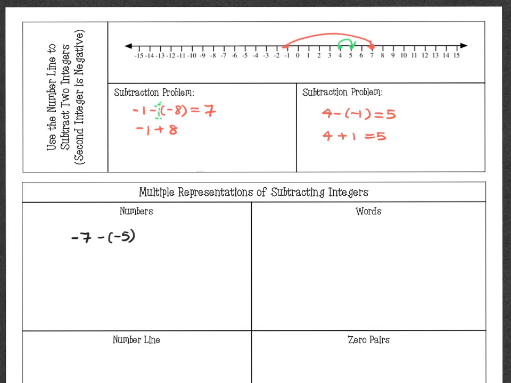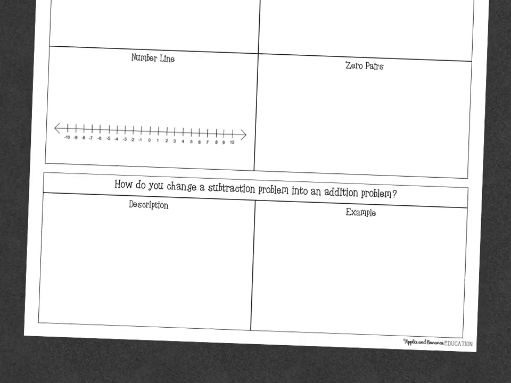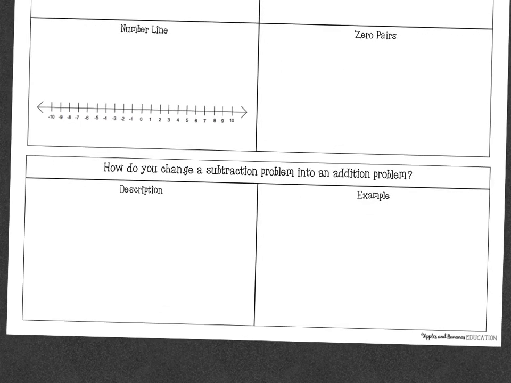I forgot one last thing. At the bottom of this sheet, I really like this section. How do you change a subtraction problem into an addition problem? The two examples we did on top are good examples.